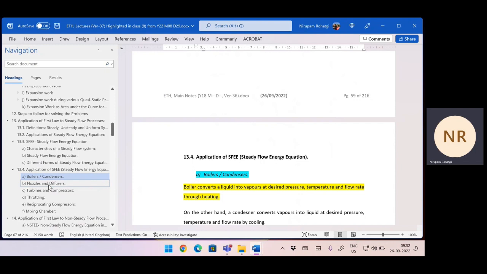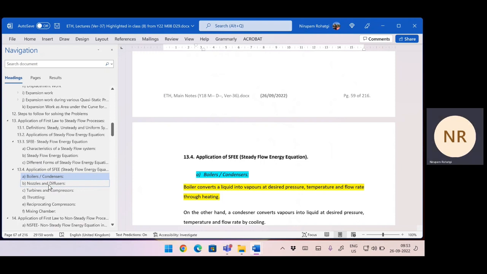But then there are certain special assumptions for each process. Like for a boiler, you take the flow work as 0. You assume it to be 0. It cannot be. Why can it not be 0? Because you have to put something in and something will come out. It's a flow system, so some work is done.